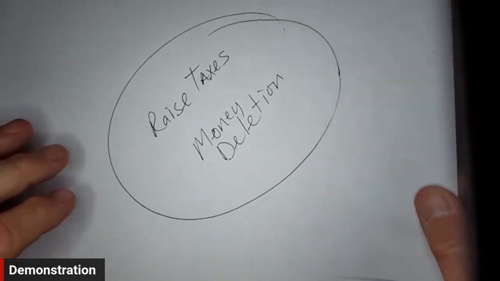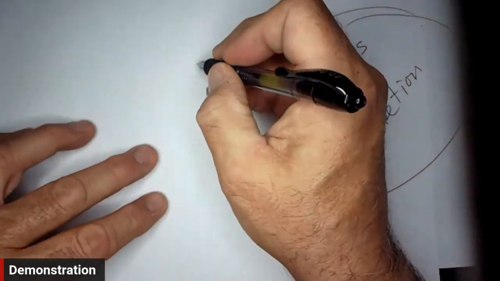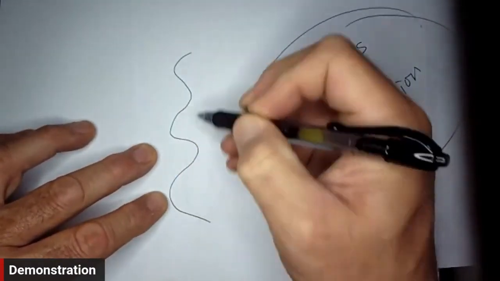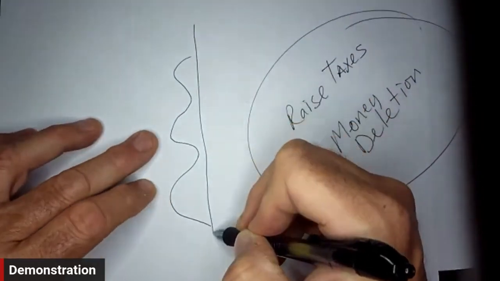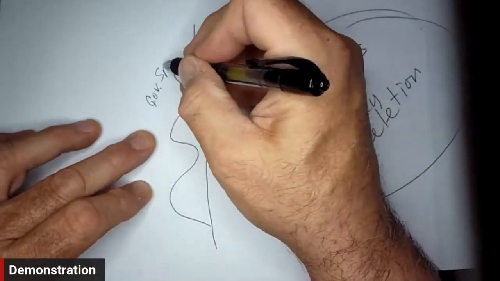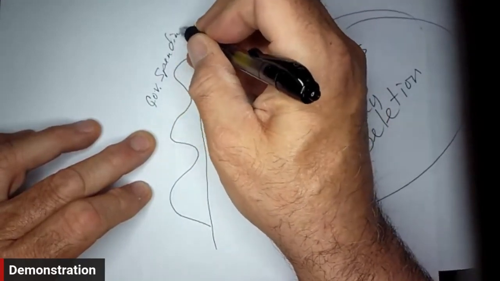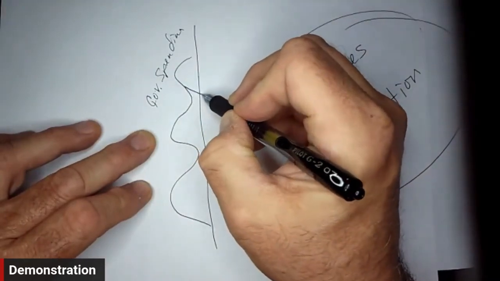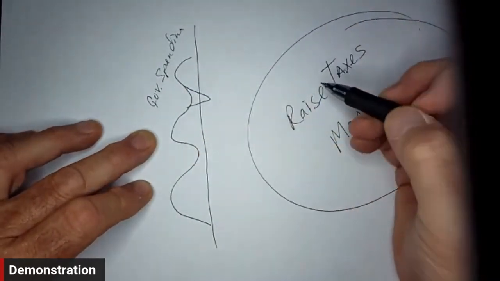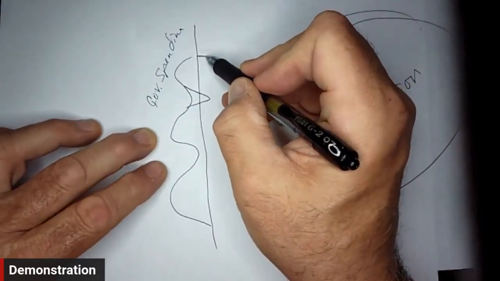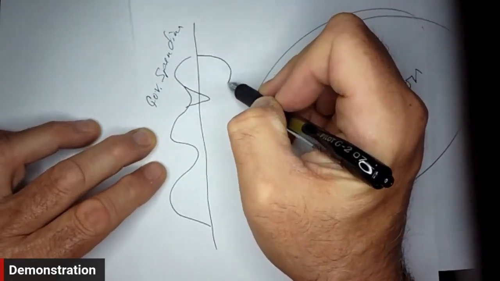And so if you think about this, I'm going to draw this like so. Let's say this is government spending. And let's say hypothetically it goes negative right here. The other side of this is the private sector, non-government sector.